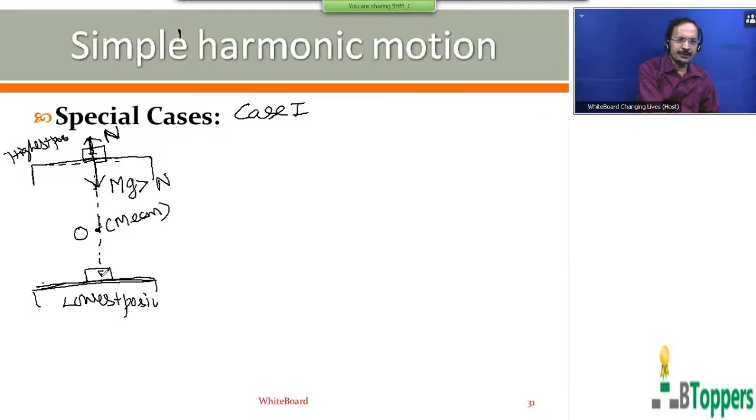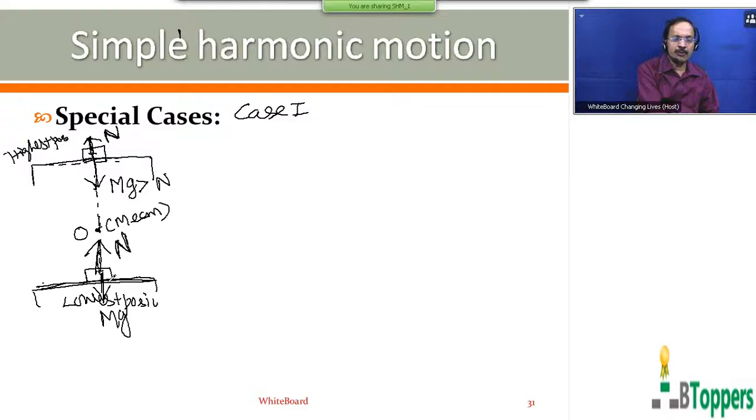At the lowest position, the weight mg acts vertically downwards, that means away from the mean position, but normal reaction force on the block by the surface of platform acts vertically upward, perpendicular to the surface of platform and directed away from the surface of platform. That means towards the mean position.